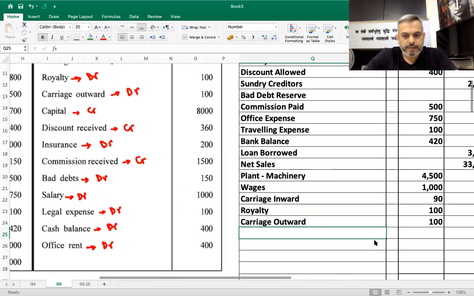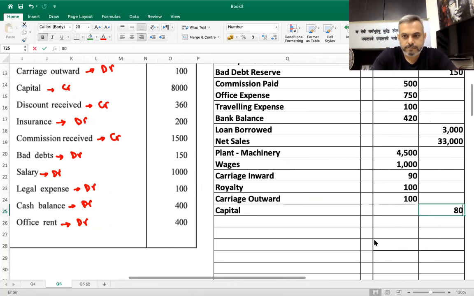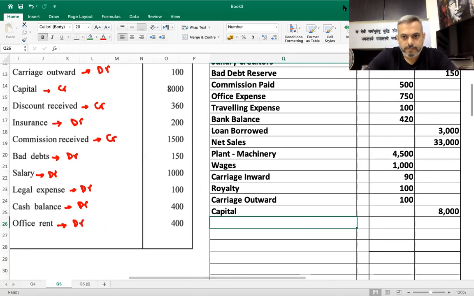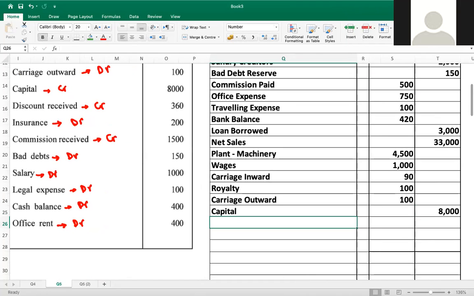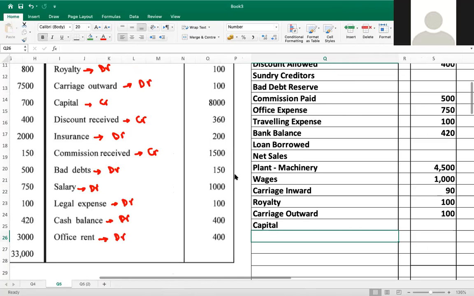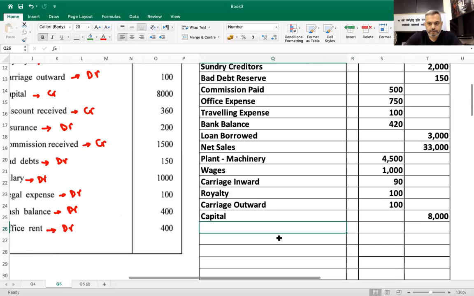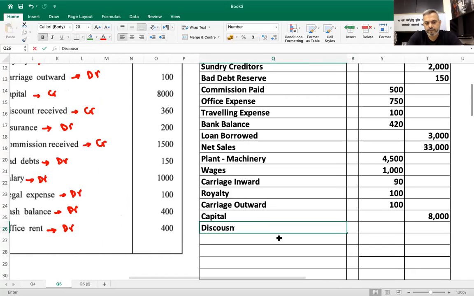Then capital 8,000. Then discount received 360, discount received is our income.